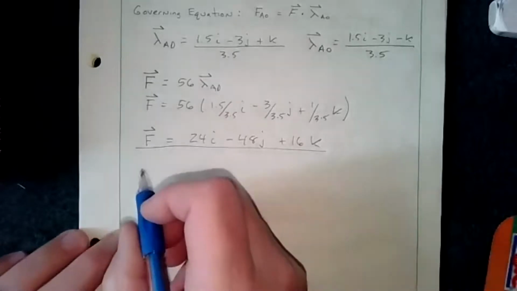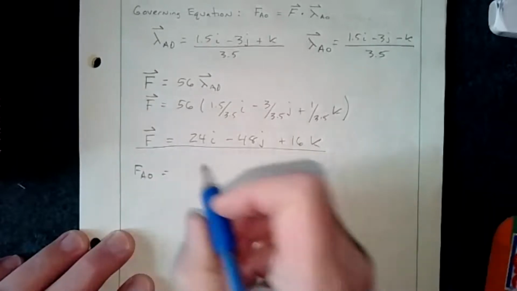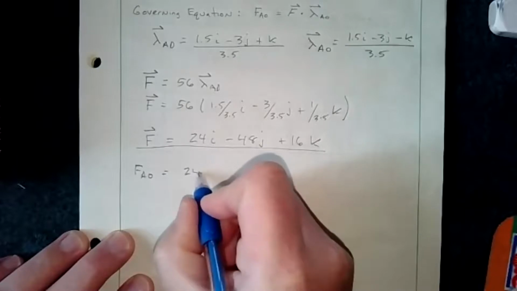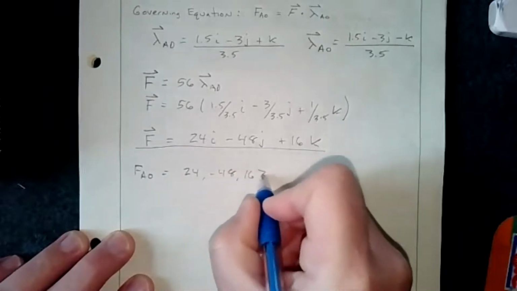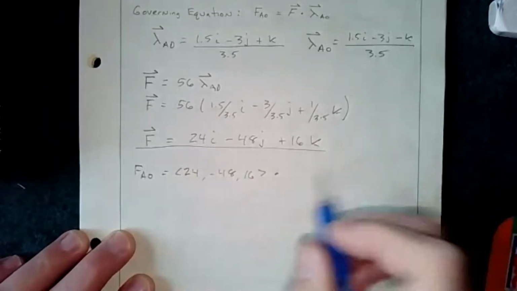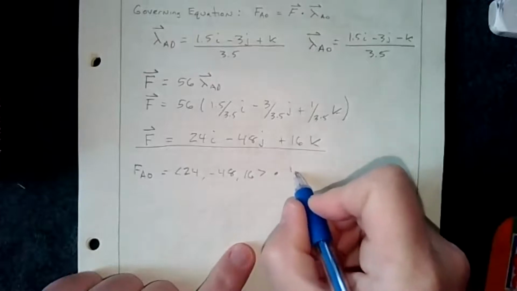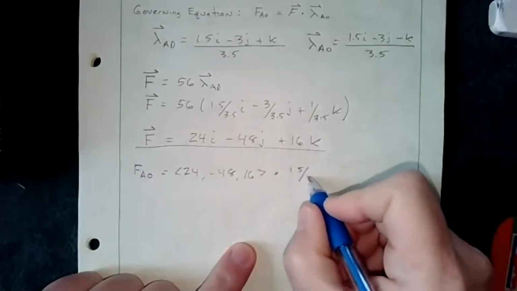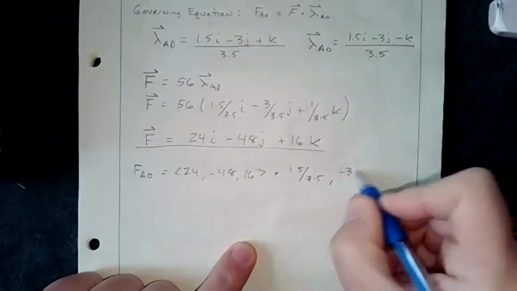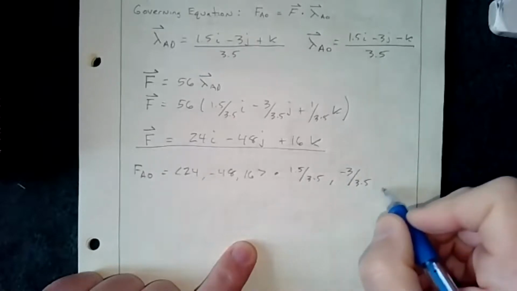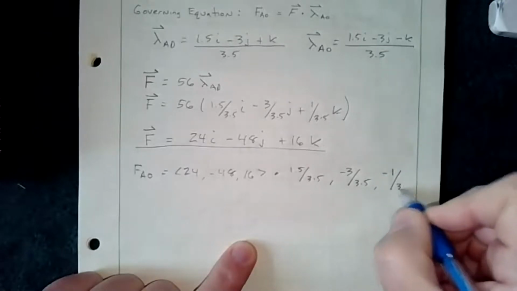So now we know that FAO is going to equal the 24, negative 48, 16 dot product against the 1.5 over 3.5, negative 3 over 3.5, and negative 1 over 3.5.